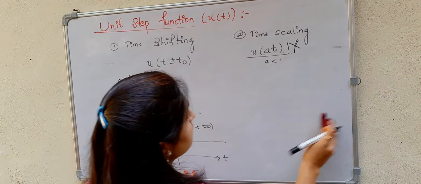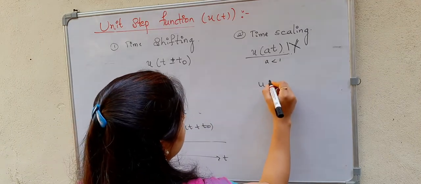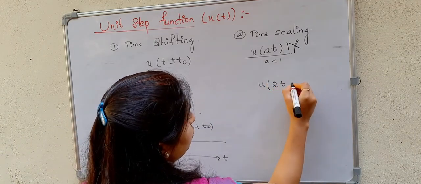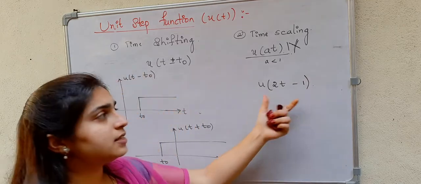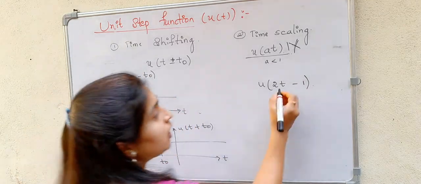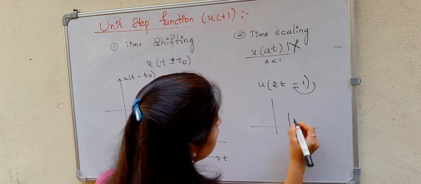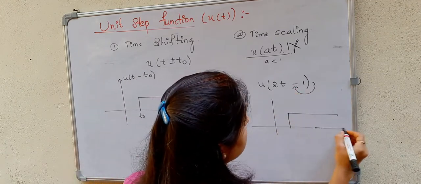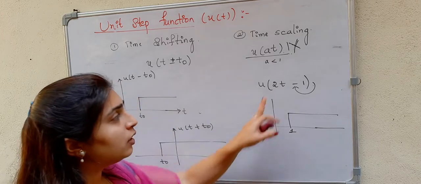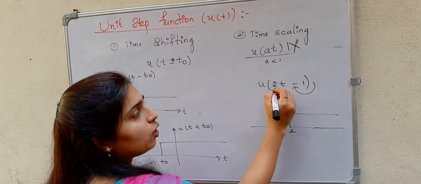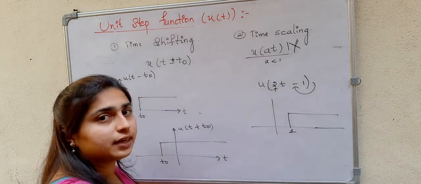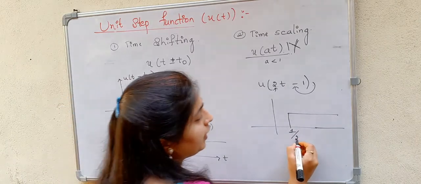But if I consider u of 2t minus 1, let us consider this case. First I will perform the shifting operation. That means I am getting the delayed signal by 1 unit. Then I have this scaling operation, that is 2, which is greater than 1. So it should be divided by 2.